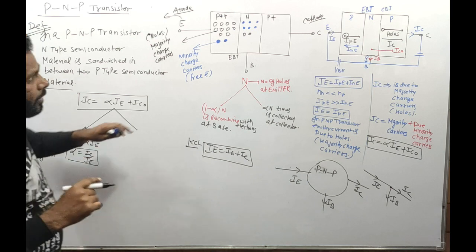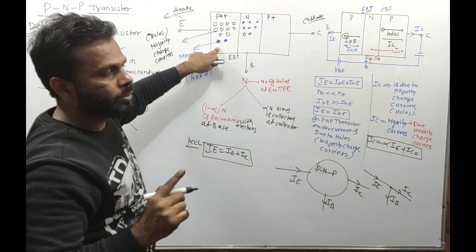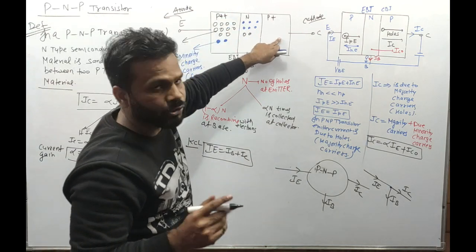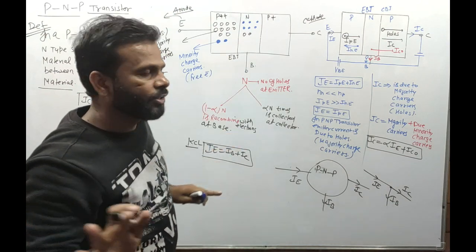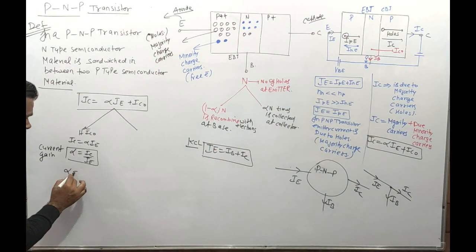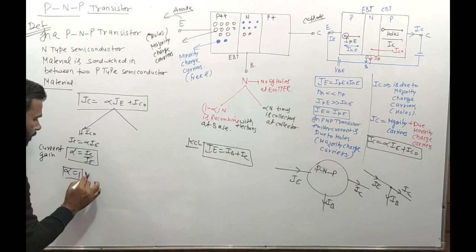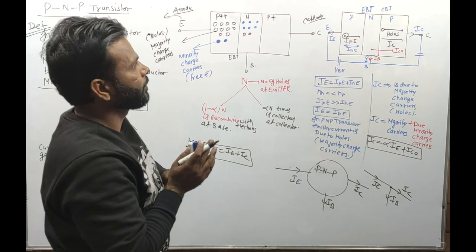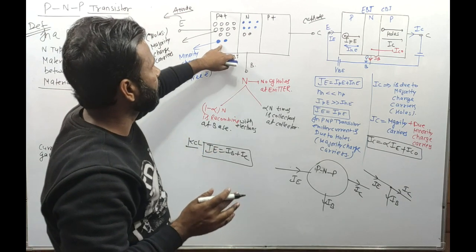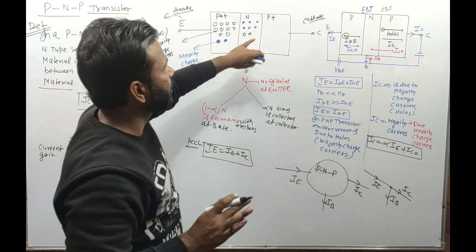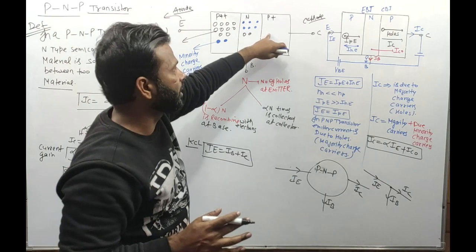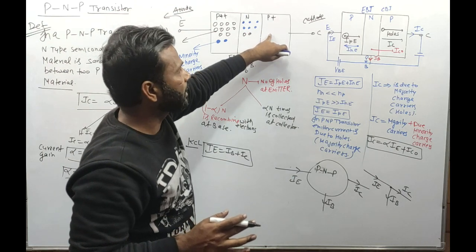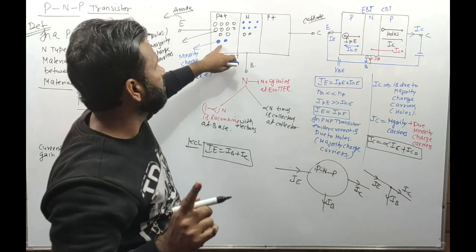Now if we have 10 holes, and if all 10 holes are collected at the collector region, then alpha is 1. That is the maximum value. But in a practical BJT, if we have 10 holes, then either 8 or 9 reach the collector. So the collector current is 9 and the emitter current is 10.